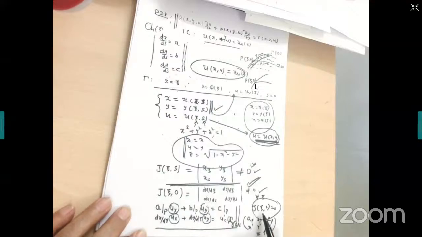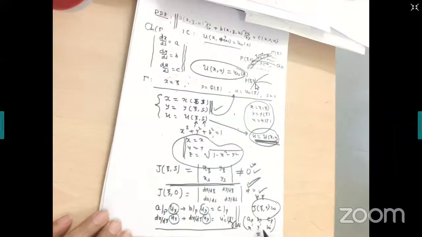If it vanishes for every xi, then what is the requirement from here? It is very clear. The augmented matrix must be of rank 1, correct?